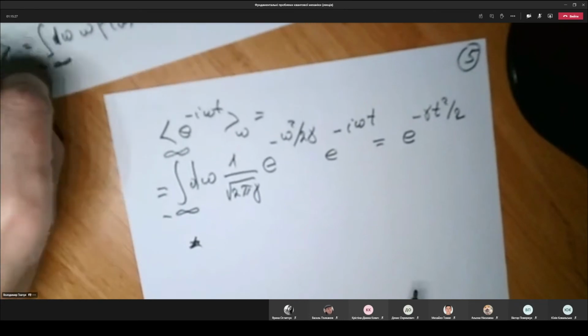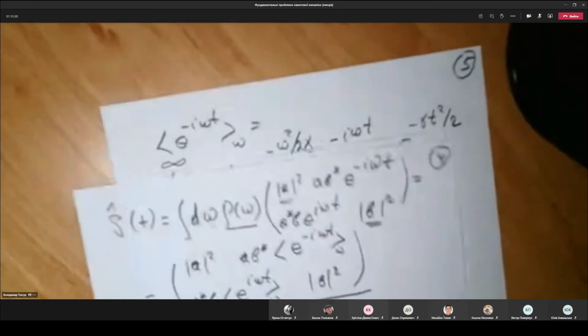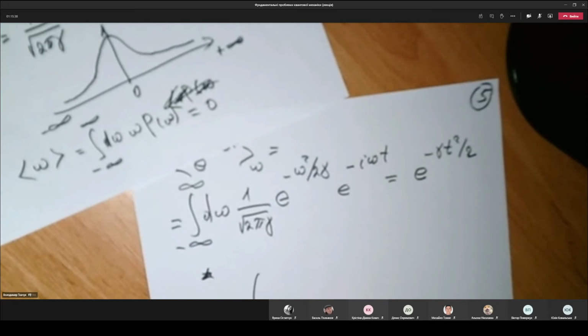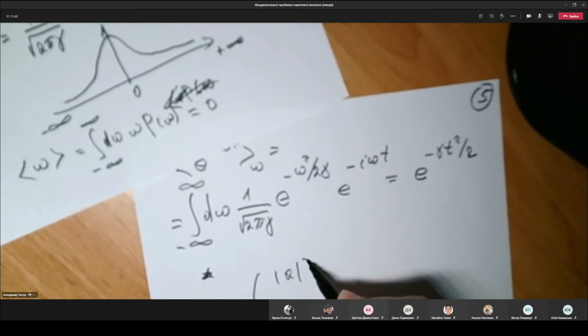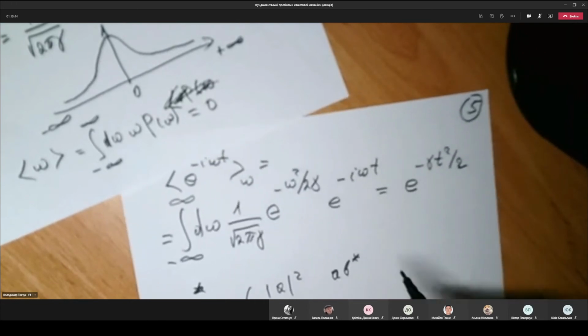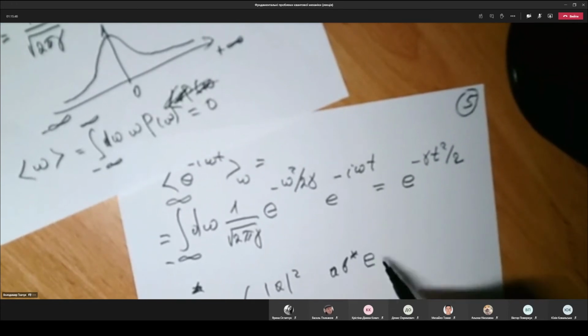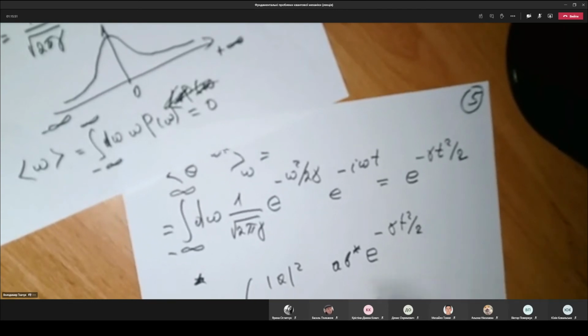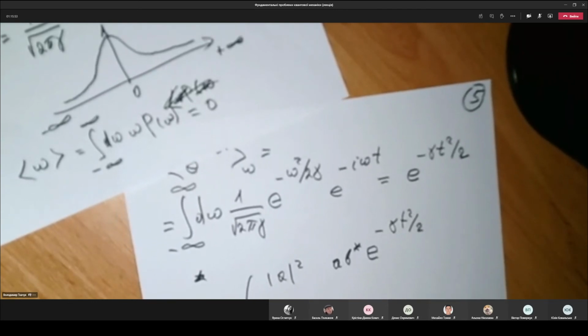So you can put this result into the matrix, this one. So for the density matrix in this case, rho as a function of t, we obtain here a squared, ab, and here exponent of minus gamma t squared divided by 2, a squared b.